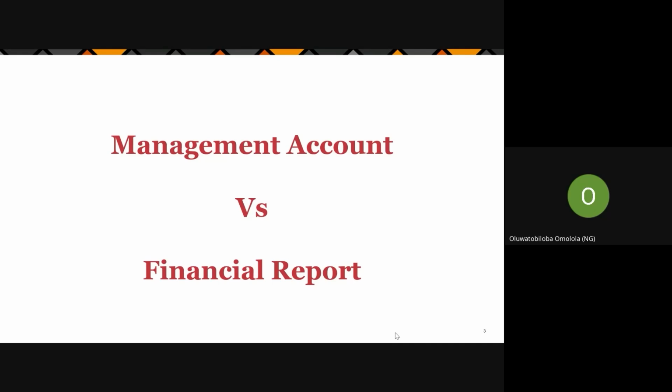If I take the financial statement of company A, and I take the financial statement of company B, I will be able to compare both of them because they have been prepared on a similar basis. But if I take the management account of company A, I won't be able to compare it with company B, because the management need for company A is different from that of company B. So please, let's note that a management account is for internal purposes.